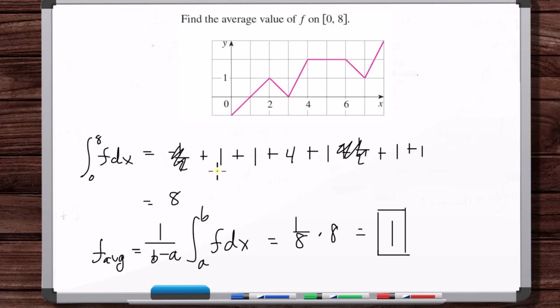Let's see, I think I messed something up. 4, 5, 6, 7, 8, 9. So this is 9. 1 over 8, so it's 9/8.